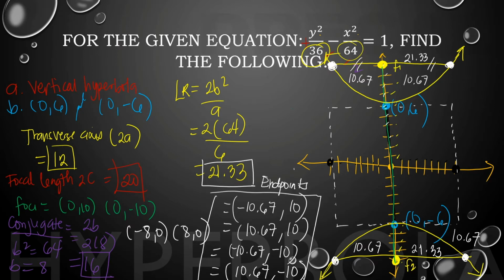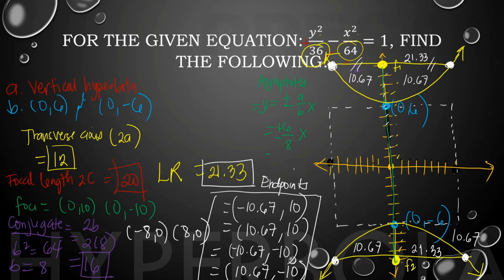So, second to the last na hanapin natin is yung asymptotes, which is equal to y is equal to positive and negative a over b x. So, yung a natin is equal to 6 over 8x, so magiging 3/4. So, asymptote is equal to y is equal to positive negative 3/4 x.